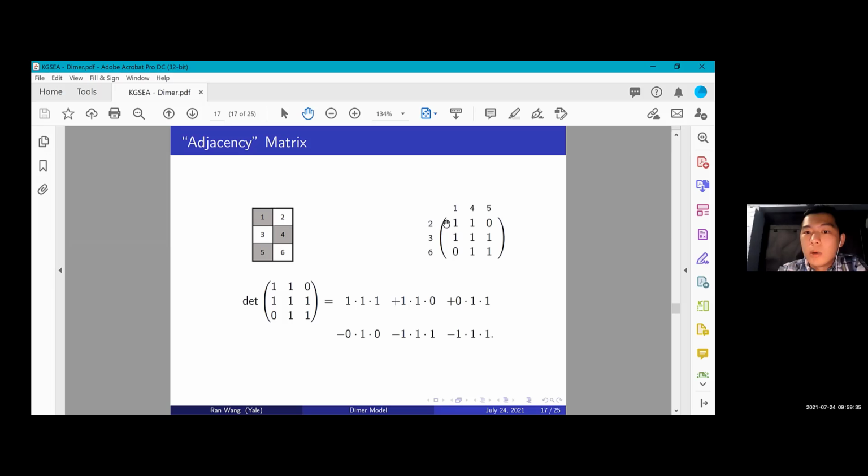Let's take the first row and the first column, indexed by 1 and 2 separately. So for 1 and 2, we can see 1 and 2 are adjacent in this grid. They share an edge.